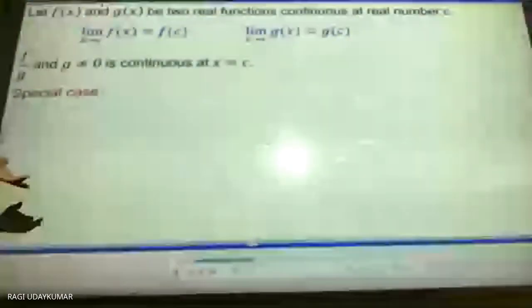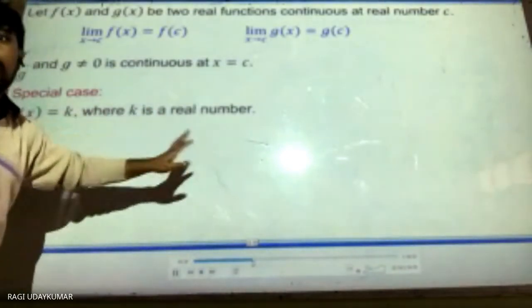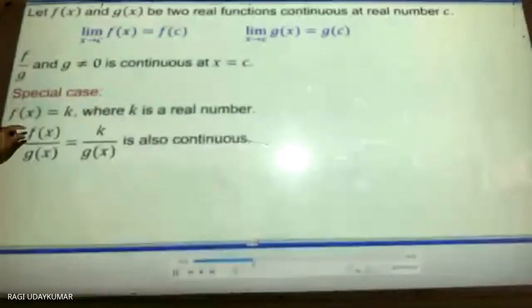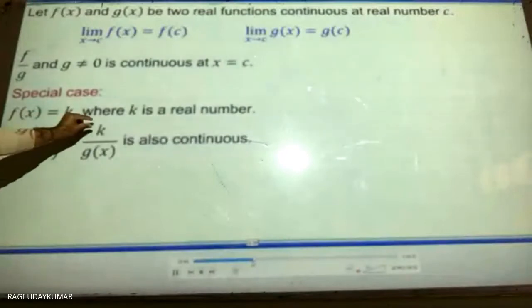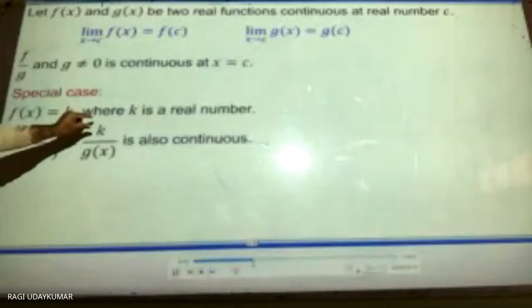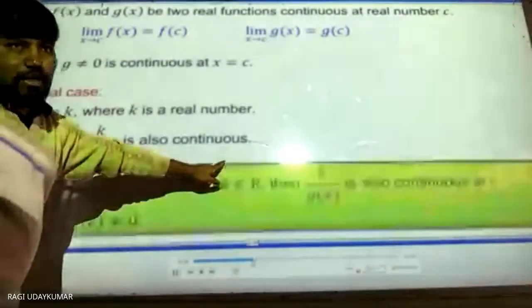Now for special cases: suppose f of x is equal to some constant k, where k is a real number. This is one special case. So f of x by g of x, where the numerator function is a constant k, gives k by g of x, which is also continuous.